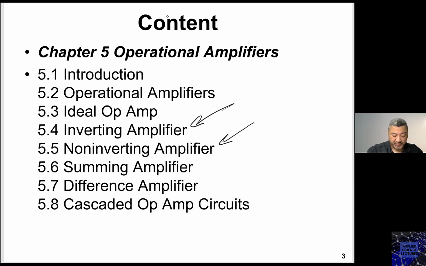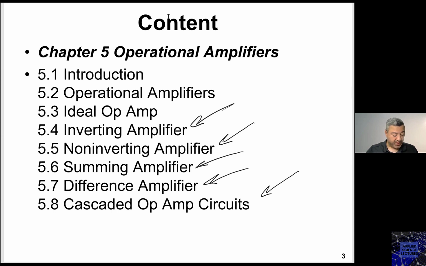This is some of the mathematical operation. It does summing, where it adds two signals, two analog signals. It does difference as well. And we can, with the features of the operation amplifier, cascade several of those circuits, stages together to get the signal that we want.